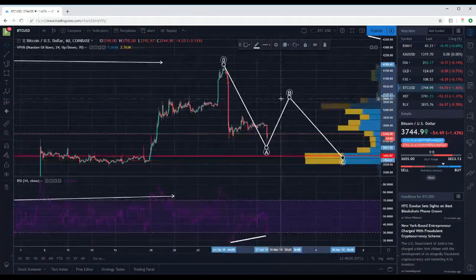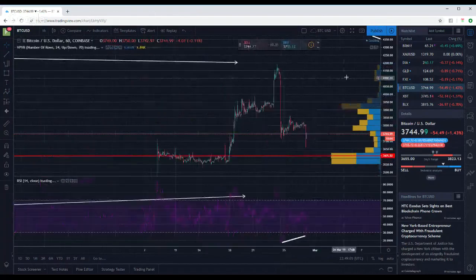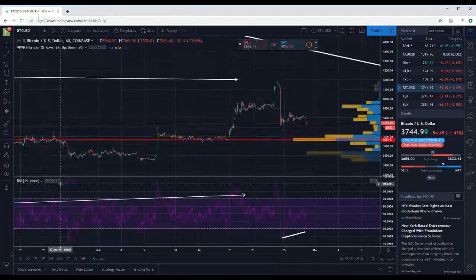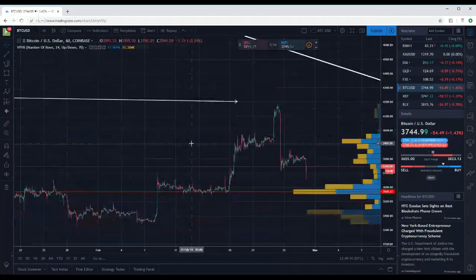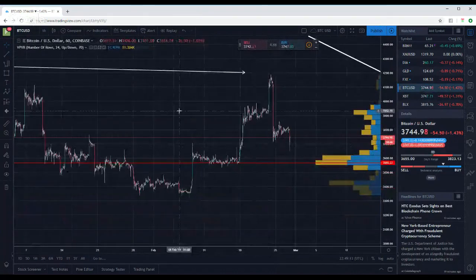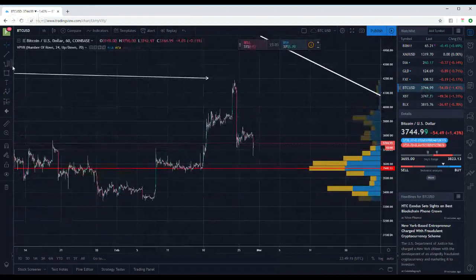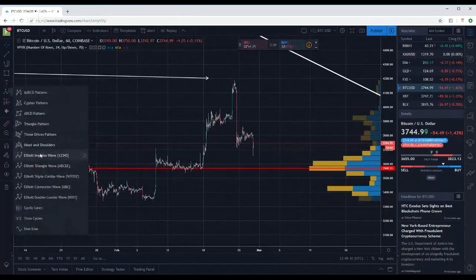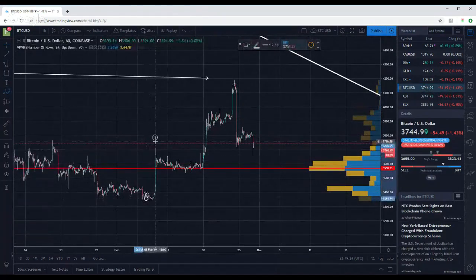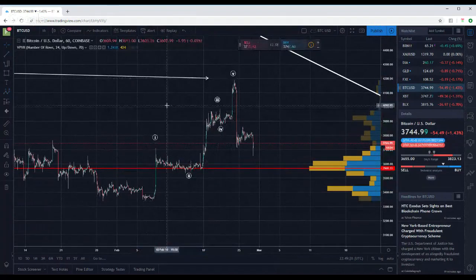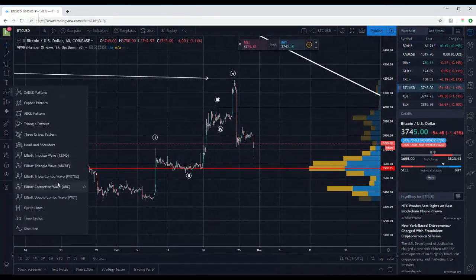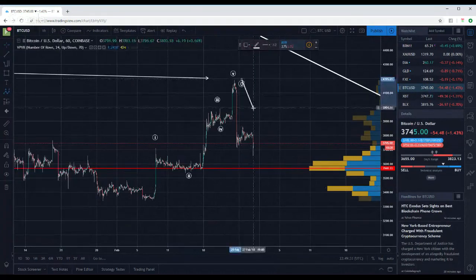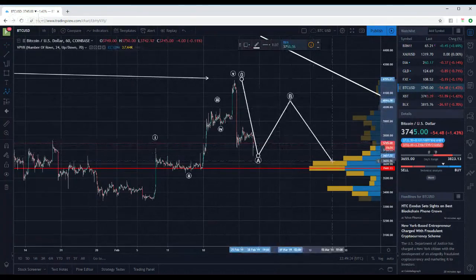for a couple of different reasons. And the main one is that I'm actually going to take the RSI off right now just because it makes it easier for me. But basically what we would have here is a five wave, then an ABC, and I'll show you what else it can be in a minute.